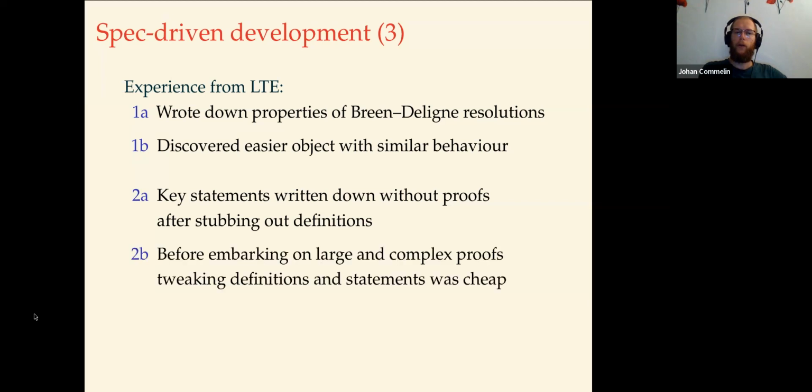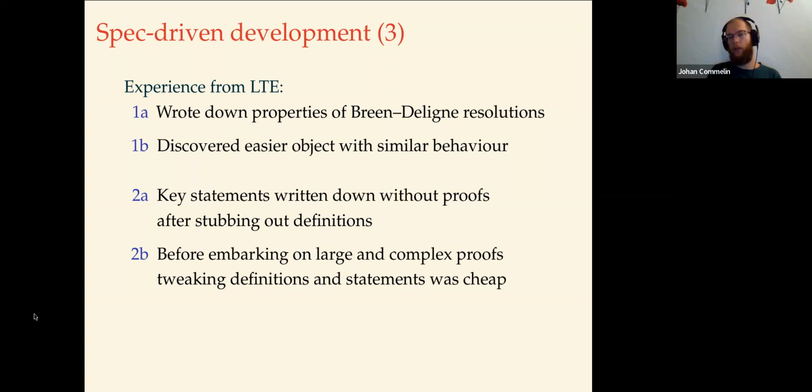And before embarking on the large and complex proofs that went into this project, it was still very cheap to tweak the definitions and statements. So by first writing down the statements and the large scale skeleton and the specification of how things needed to behave, we could try to get that right, and it was very cheap to tweak things before actually embarking on proving things.